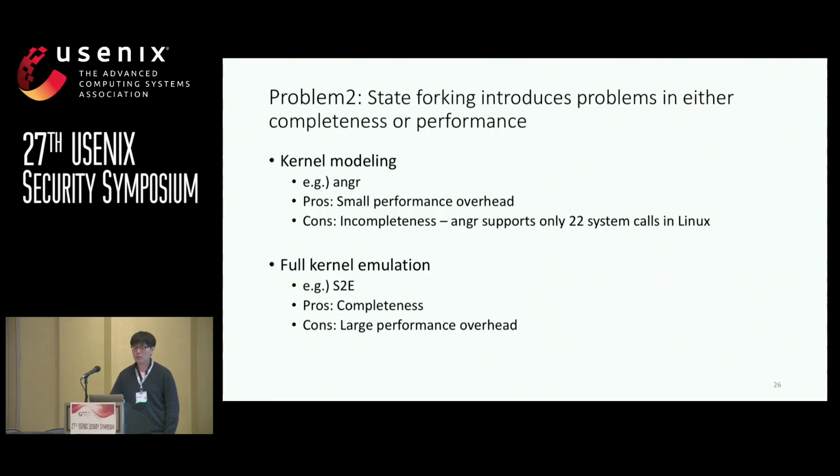Currently, Angr can support only a limited number of system calls in Linux. The second one is full kernel emulation, like used in S2E. It treats the kernel as a program, so it provides completeness. But since we need to execute the kernel symbolically, it introduces a large performance overhead.